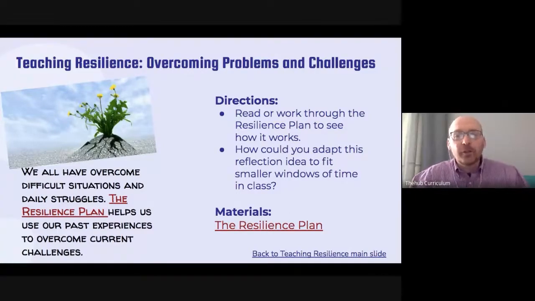And so working through it once at least gives you an idea of how you could adapt it for quicker situations in your classroom as opposed to doing this 30-minute activity each time. And so here in a little bit, this will be one of the activity choices, but seeing how we've been resilient in our own lives is one way to teach resilience.